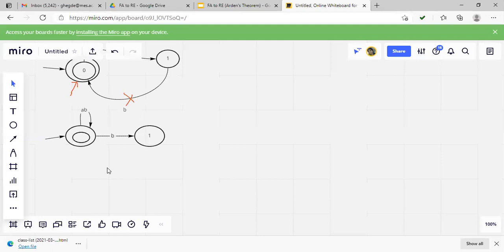AB star B, Kushal says. Any other answer? AB star or B, Ojas says. On A goes to 1. Sorry, Preeti, I'm sorry for that. It is A, not B. Right. Thank you.